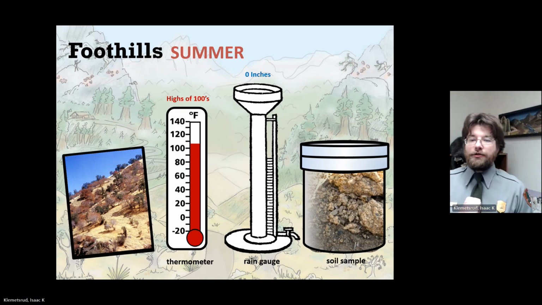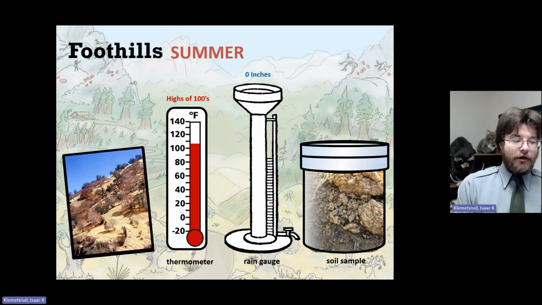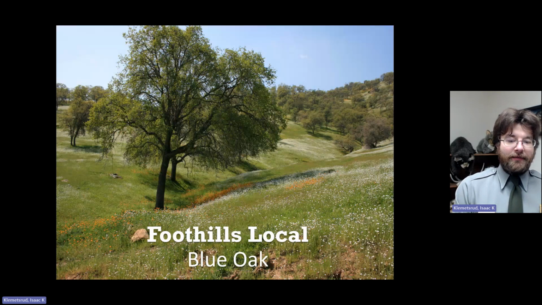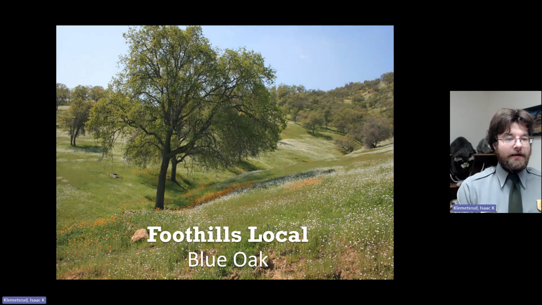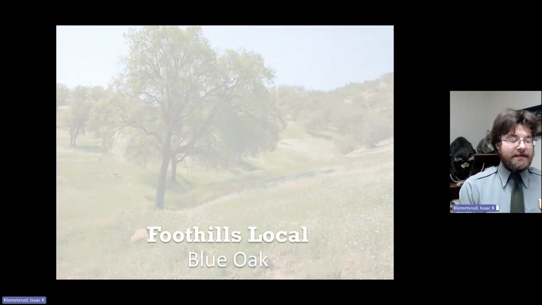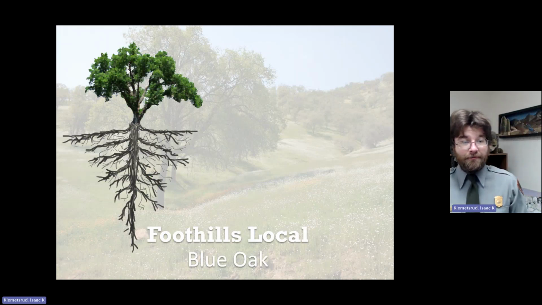Now, to talk about how you adapt to a climate like this, we're going to talk about one plant and one animal that can be found here in the foothills. And our first plant that we'll be talking about is called the blue oak. It's going to be those trees you see in the background there. And the blue oak has a lot of cool adaptations to the foothills.